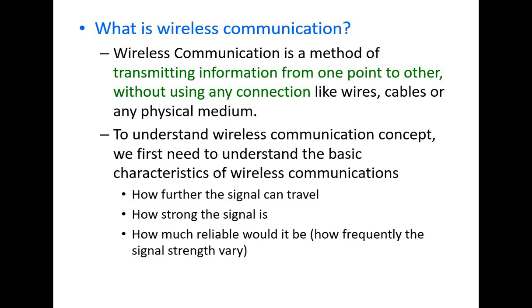First of all, what is wireless communication? Wireless communication is a method of transmitting information from one point to another. So here the media is wireless, but wired media means we can say wire or cable or any kind of physical medium, but here we are not using that.